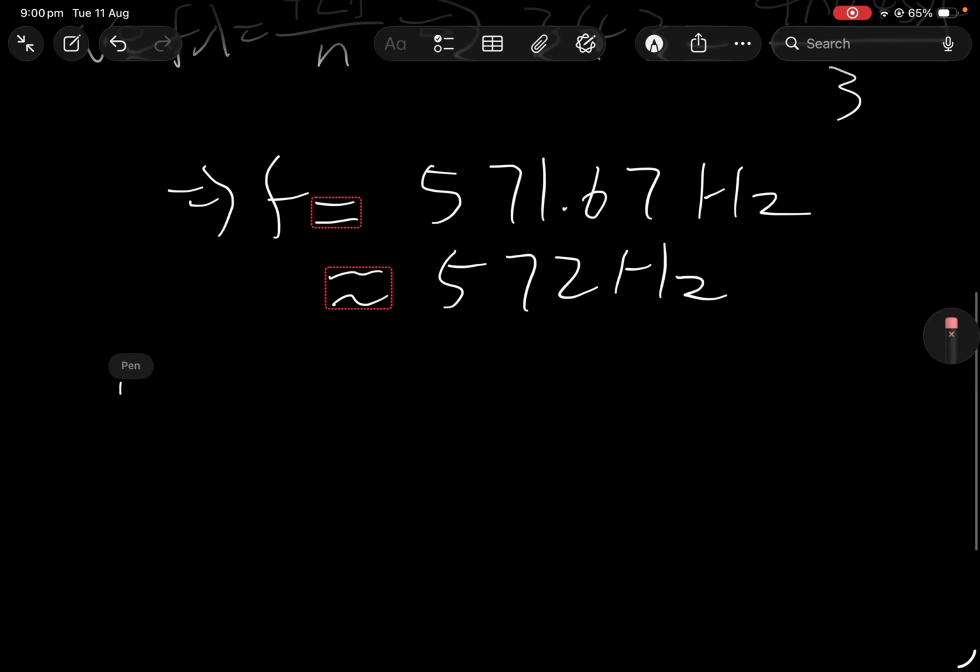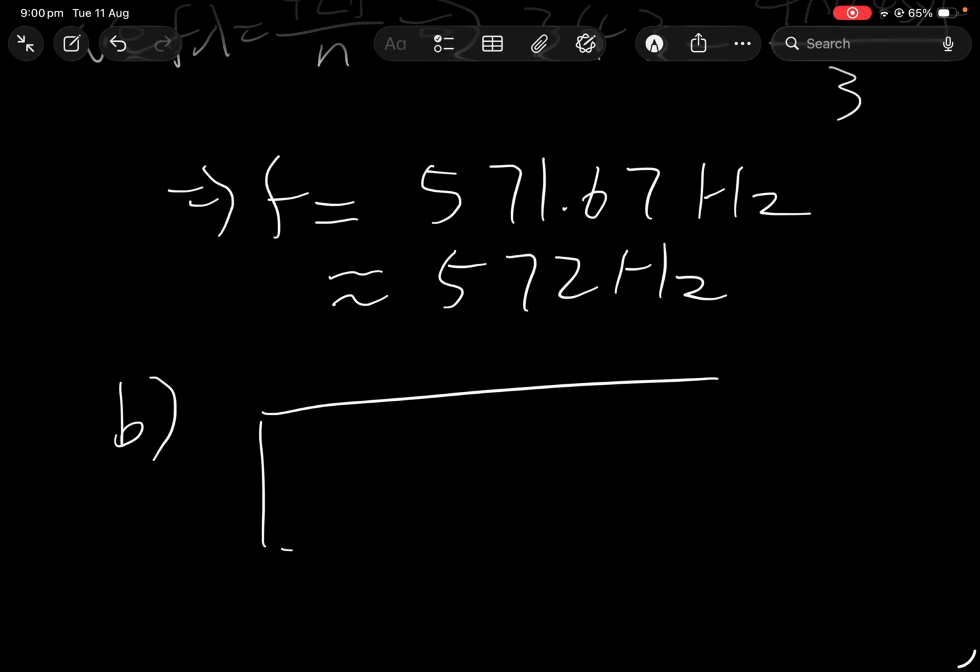Part B says, sketch the pressure profile of the standing wave inside the pipe. Clearly label the nodes and antinodes. That's the pipe. It's the third harmonic, which means there are 2 nodes and 2 antinodes.